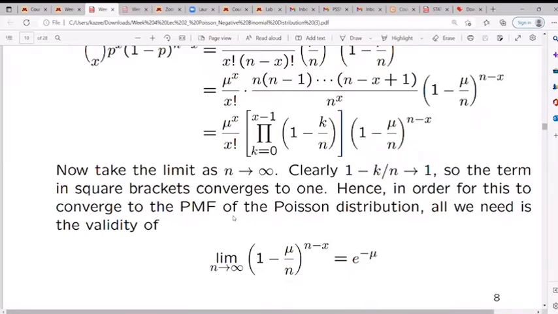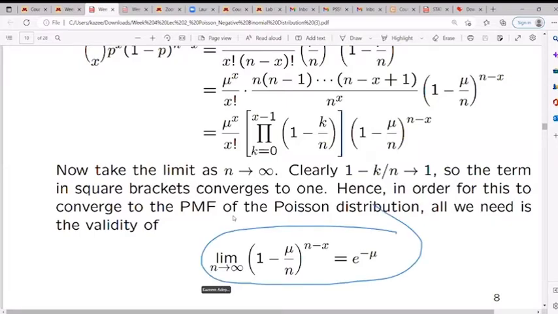And don't forget, this is a standard, because this is part of it. Take a look at that. Don't forget, you are looking at the limit of the whole thing, and the limit of this term is exponential raised to power minus mu. That's a standard. You can revisit that.